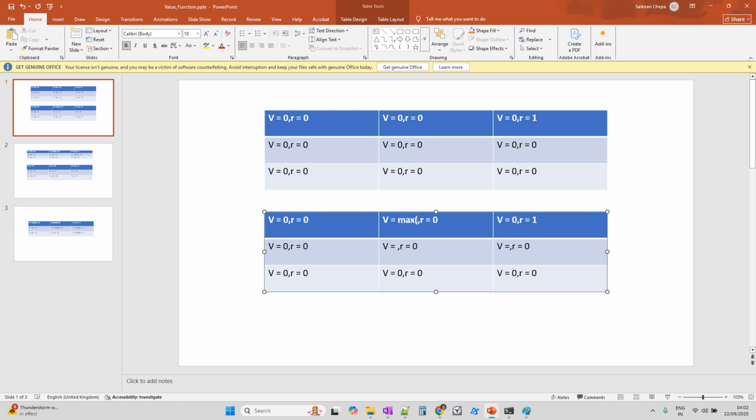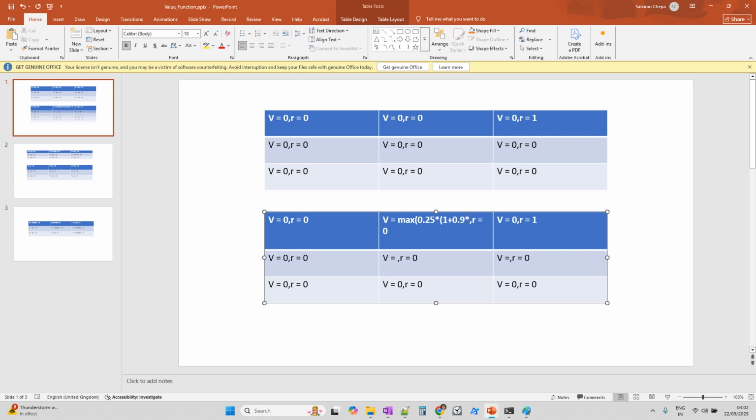This one would be the max of 0.25 into, so the reward is 1 plus 0.9 discounting factor, the value here is 0, so into 0.